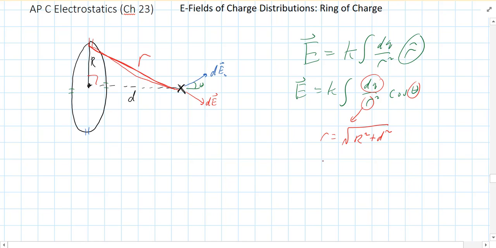And how about cosine of theta? Well, that's really simple. Here's your angle right there in that right triangle. And the cosine of it is d over little r, which is d over square root of R squared plus d squared. So I am going to plug this in for cosine theta, and I'm going to plug this in for little r.